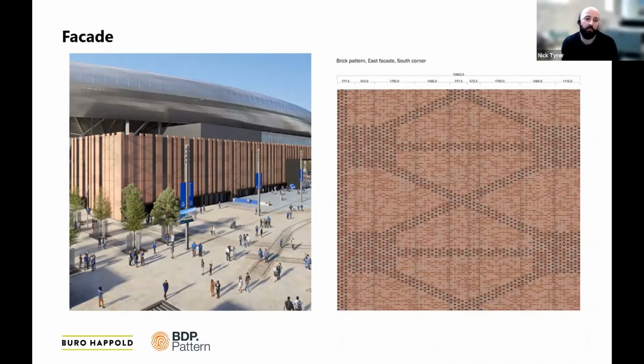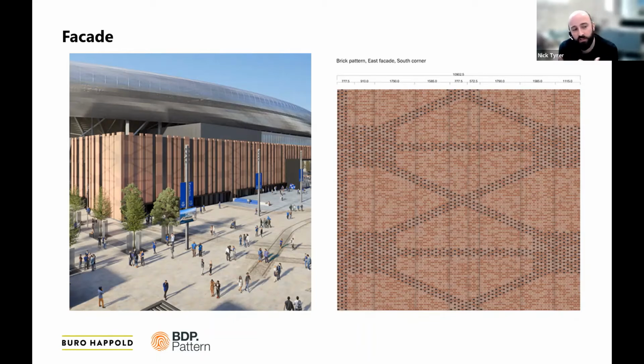Yeah, so I know the next presentation goes into DFMA in more detail, but just quickly hit on the facade. The base of the stadium is inspired by the local brick warehouses that fill the area, made up of a series of semi-random brick pillars with the Leech Truss from Goodison Park emblazoned on the side.